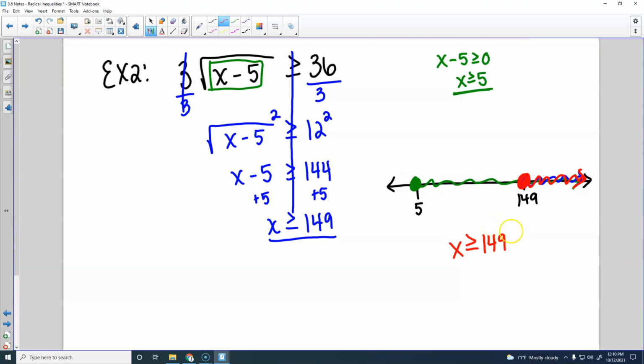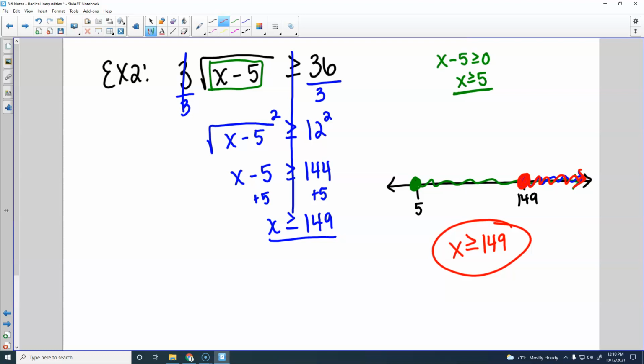So in this case, we don't use our domain at all. The reason is because we had a greater than sign here, we were talking about numbers that were bigger than 149. That was our answer. So any number bigger than 149 is also bigger than 5. So we don't even have to worry about the domain here.